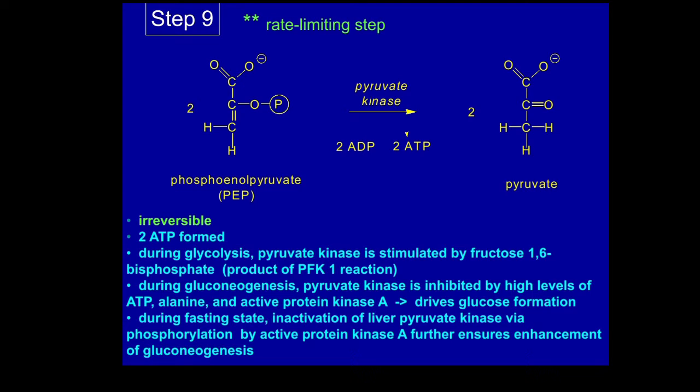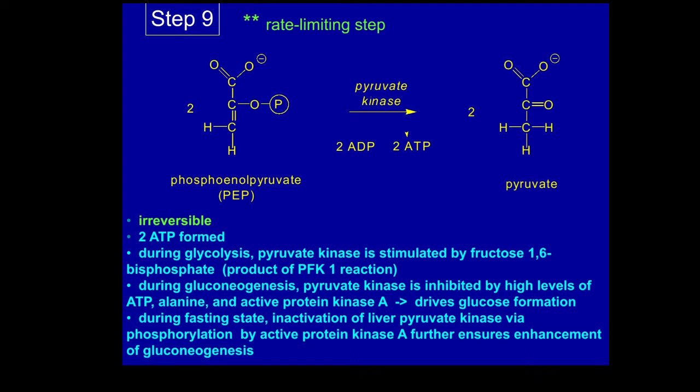And this is, again, a very important step because it's a rate-limiting step, meaning that how fast this step goes, how fast PFK1 goes, and how fast glucokinase goes determine the entire rate of glycolysis, those 3 enzymes. That's what rate limiting means.